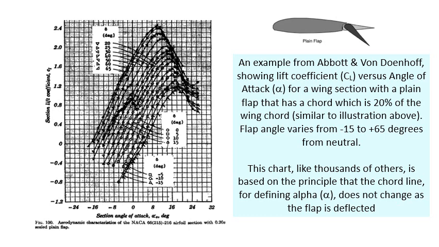An example here from Abbott and von Doenhoff showing one wing section with a plain sealed flap that varies from -15 to +65, and as the flap is deflected downwards, the CL increases, generating more lift for the same speed, and the stalling angle reduces slightly, as you can see. But that chart, like thousands of others, is based on the principle that the chord line for defining alpha does not change as the flap is deflected.